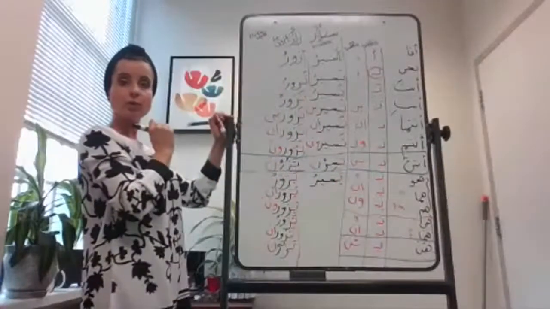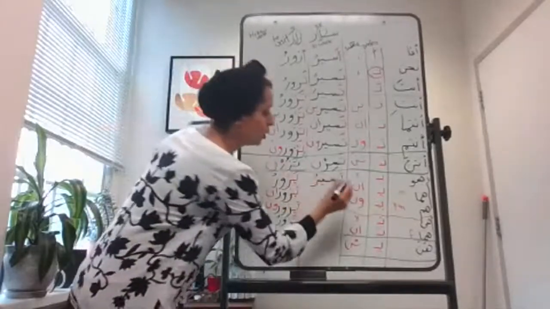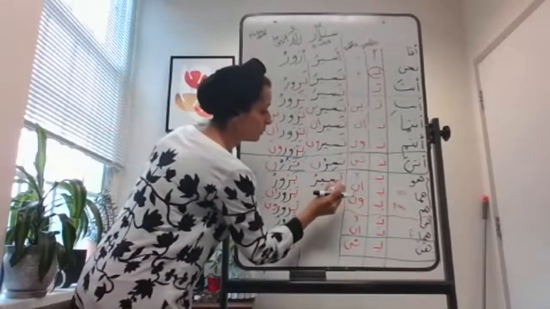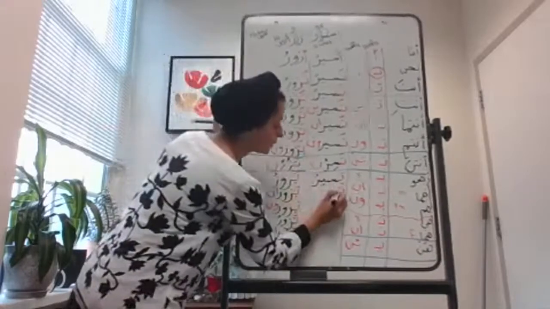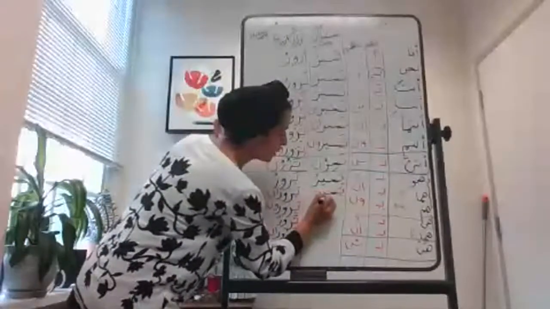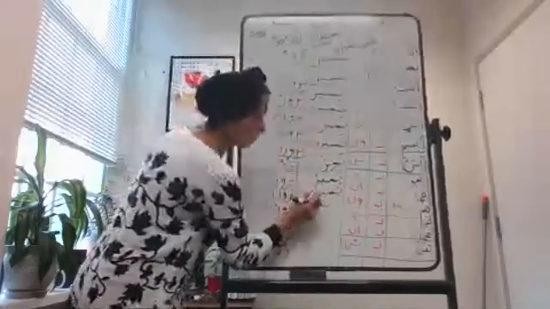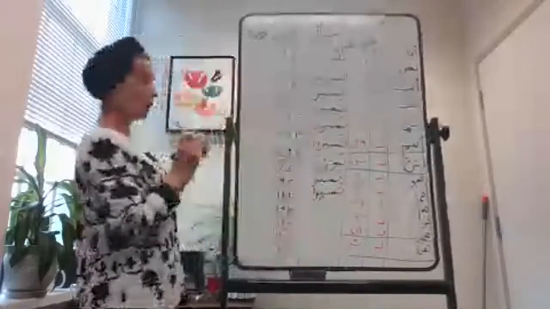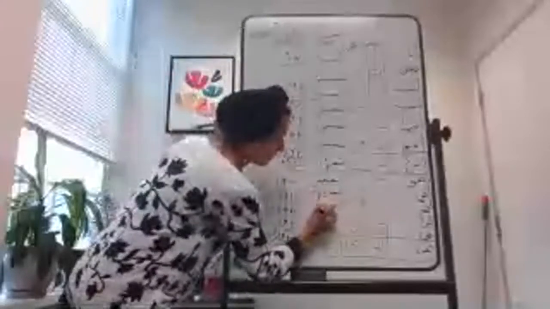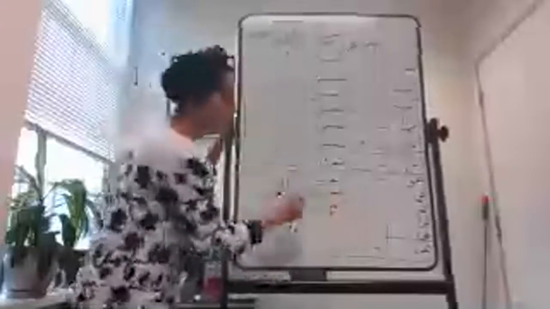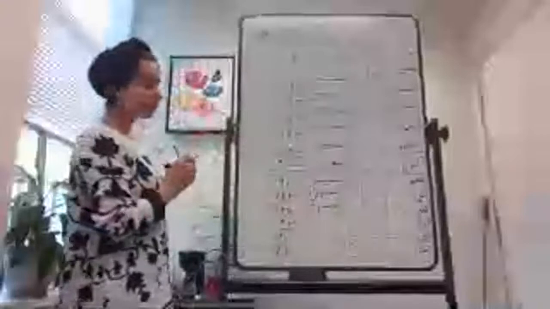هو يسير. هما for two males, هما يسيران or يسيران. وهم يسيرون. هم يسيرون.